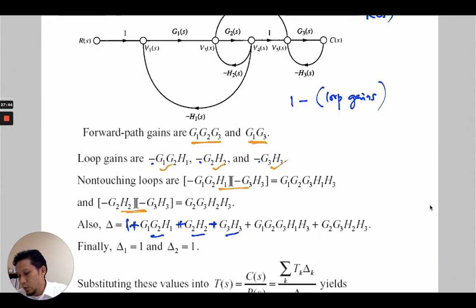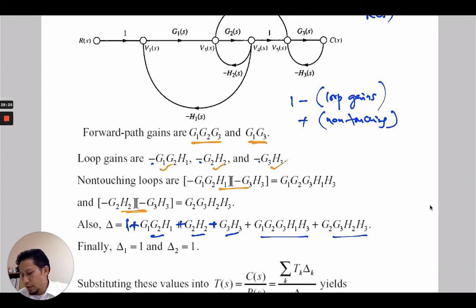Next, we have plus the non-touching loop gains, two at a time, which are G1 G2 G3 H1 H3 and G2 G3 H2 H3.